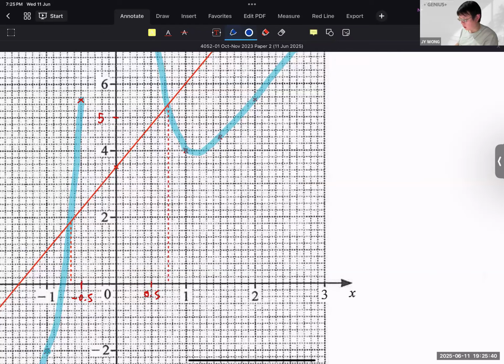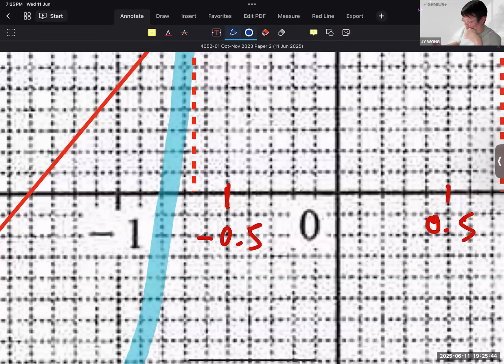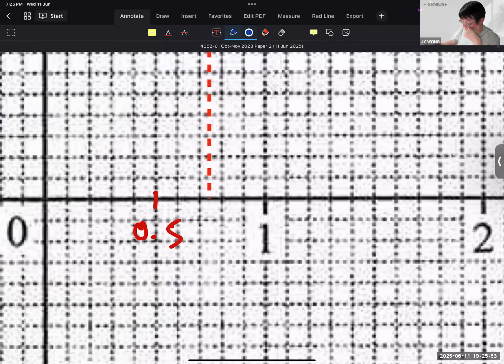So the two values that I will have if I read off my graph is negative 0.5, negative 0.6. This is negative 0.65. And then this is 0.5, 0.6, 0.7. This is positive 0.75.